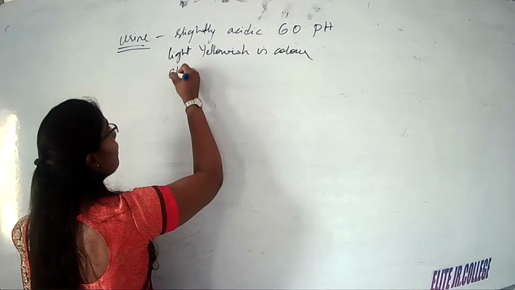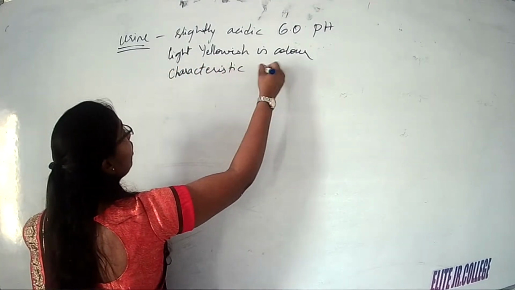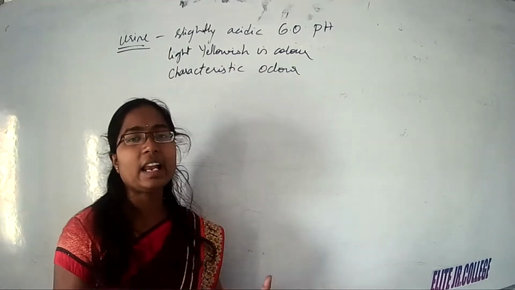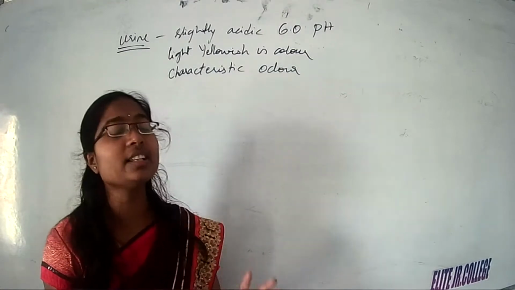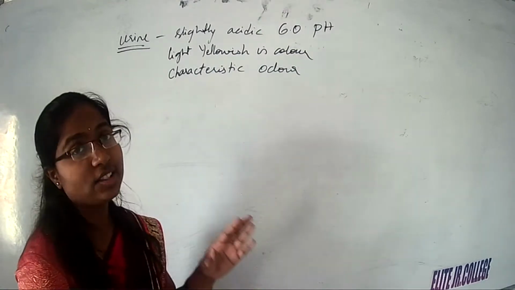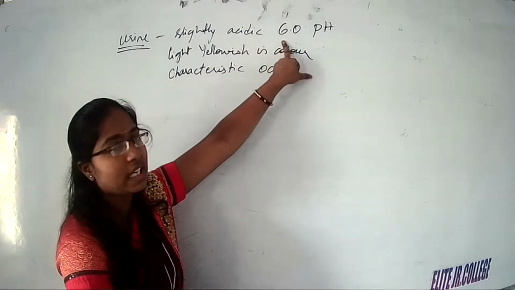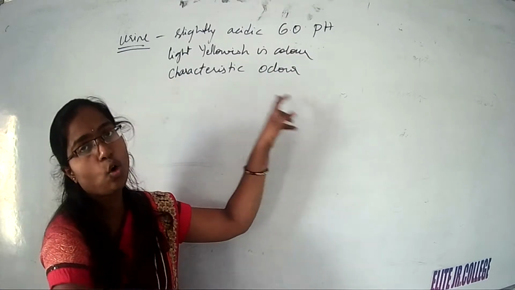And it is going to have a characteristic odor. Urine is generally going to have its smell. By smelling only we can identify that it is urine, isn't it? So it is slightly acidic, having pH 6, light yellowish in color, and having a characteristic odor.